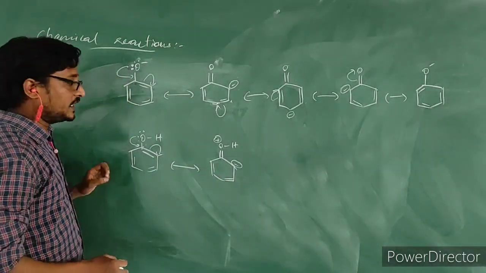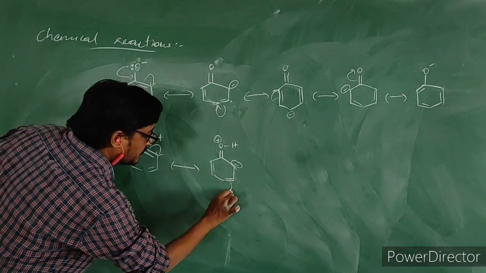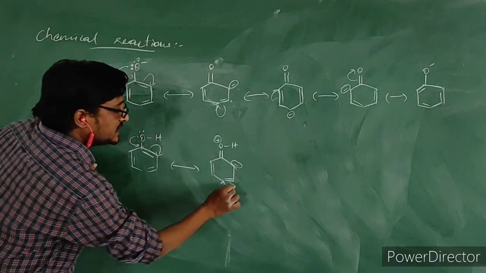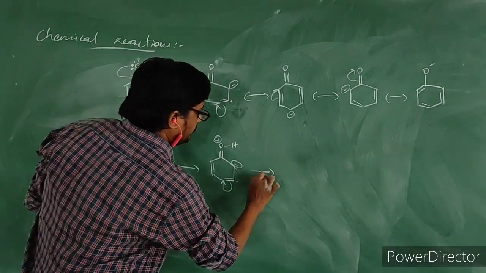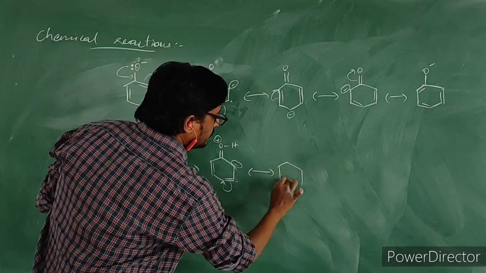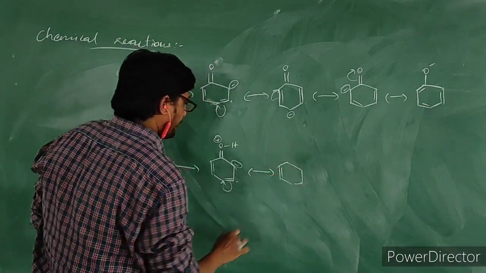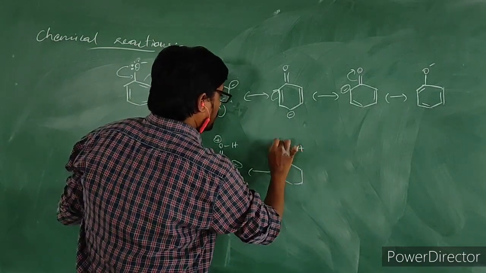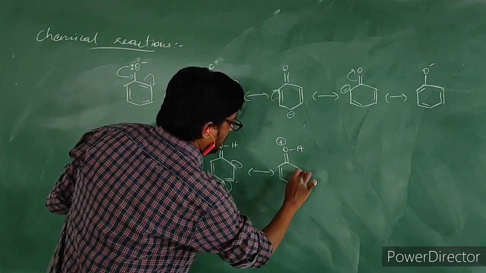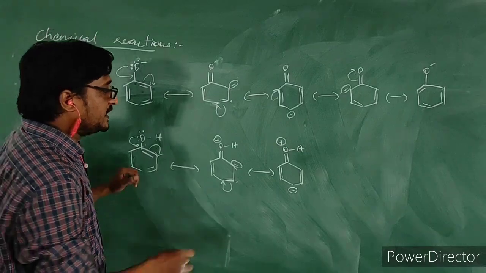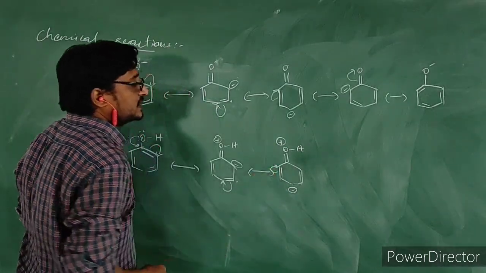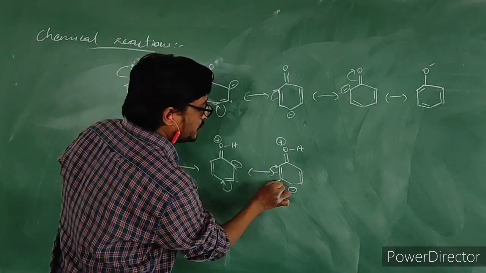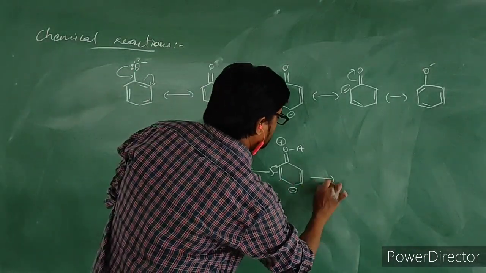Simple thing. Again this pi bond will shift towards this carbon. Then this carbon will develop a negative charge. A double bond gets developed here. In the same way, this pi bond will shift towards this carbon. Here, there will be a positive charge which gets developed.